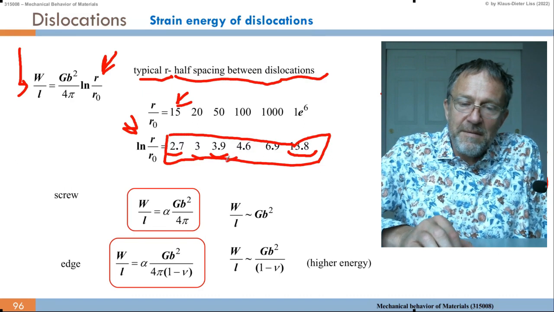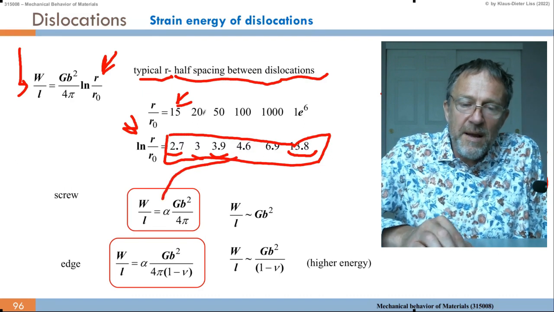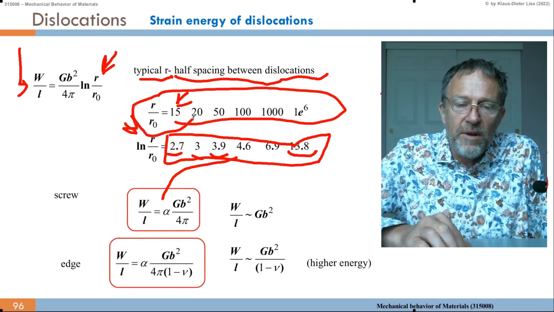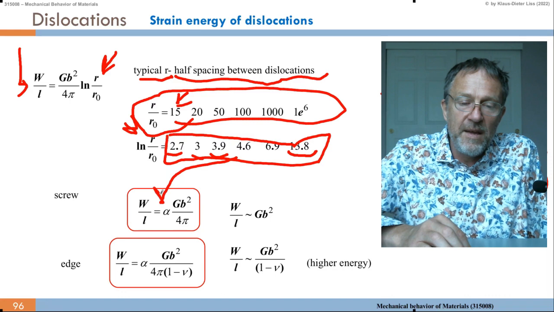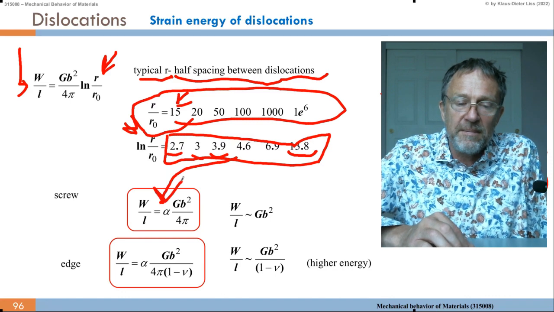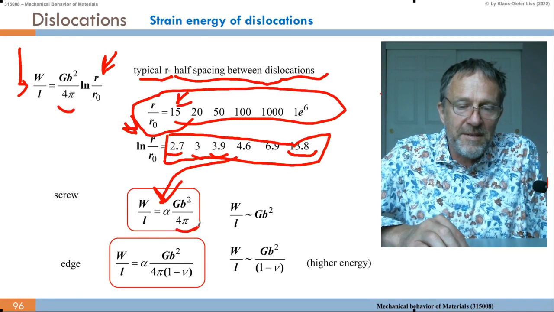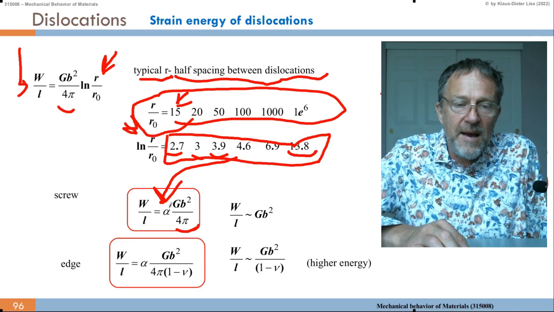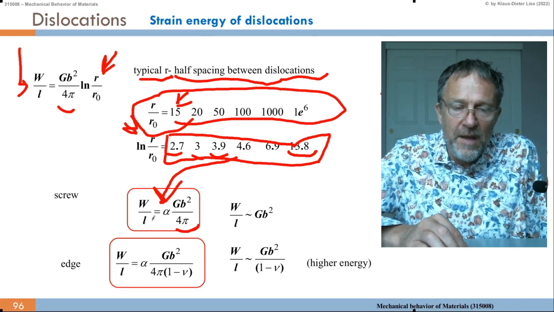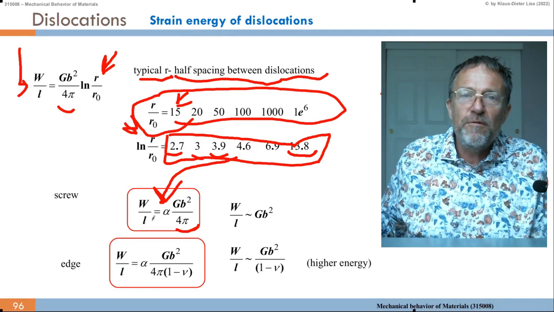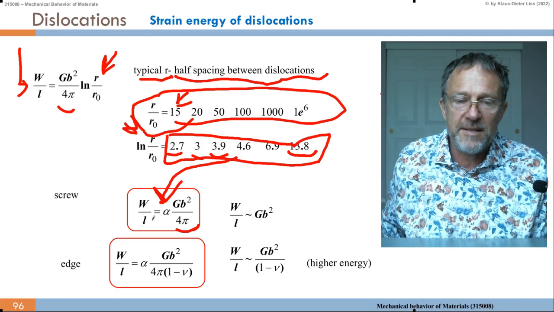And that number, which becomes an average number, really depending on your dislocation configuration, we put into a factor alpha, leading now to the formula Gb squared over 4 pi, which is repeated here, and the ln R over R0 is the factor alpha, and we know alpha varies not even 1 order of magnitude in practical cases.